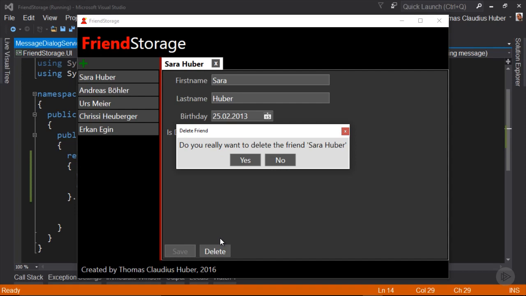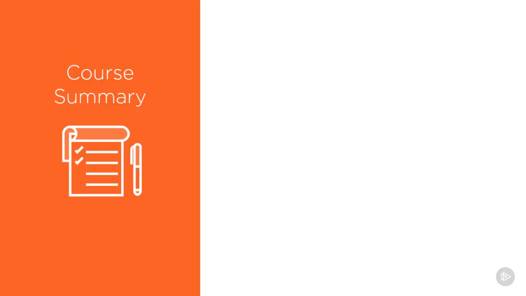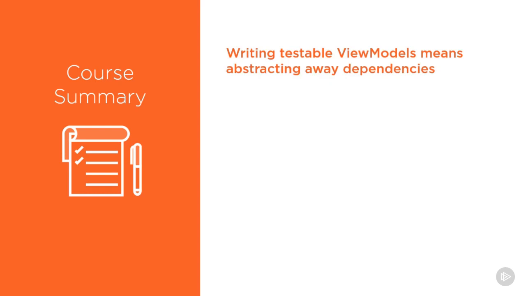Now let's wrap up the main points of developing your view models in a test-driven way. In this course, we have built the view models of the friend storage application in a test-driven way. You have learned about writing unit tests with xUnit and about mocking dependencies with the Moq library. You have also learned that writing testable view models means abstracting away dependencies.